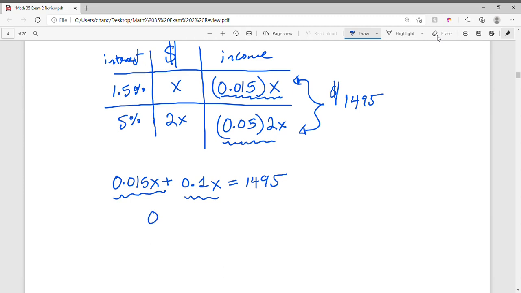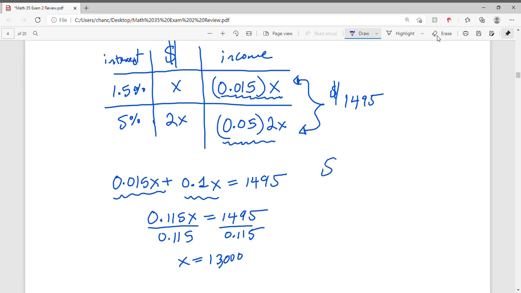This means we can collect like terms. That's 0.115x equals 1,495. I could divide both sides by 0.115. x is equivalent to 13,000. This represents $13,000.